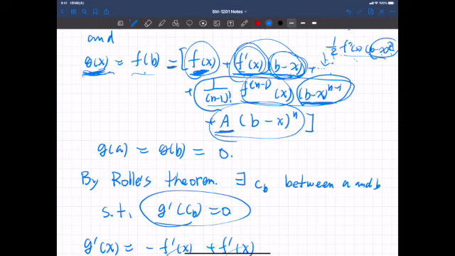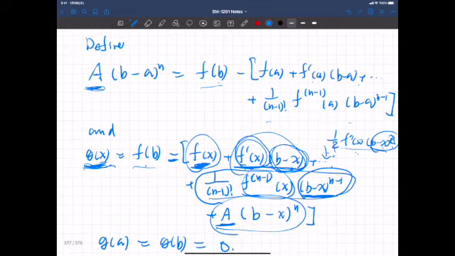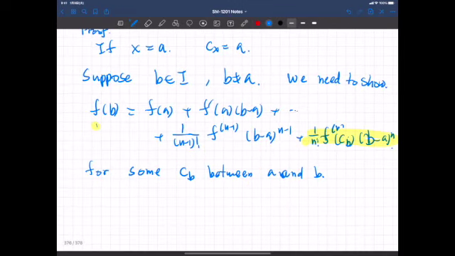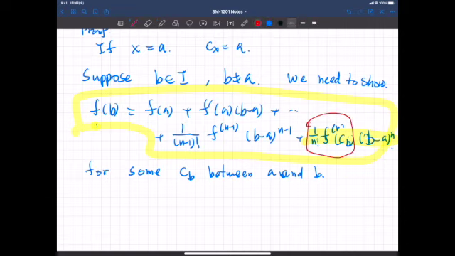So that is this equation. Okay, so after all, this was A.